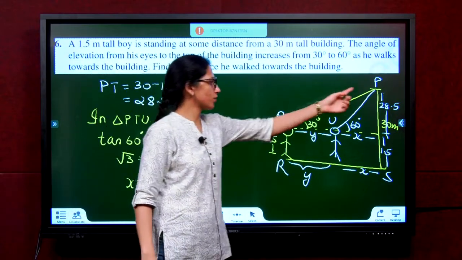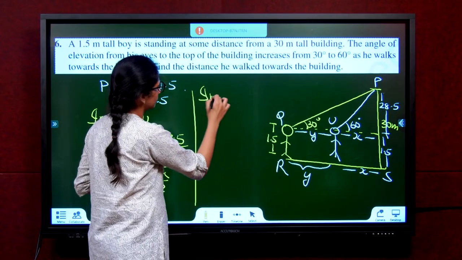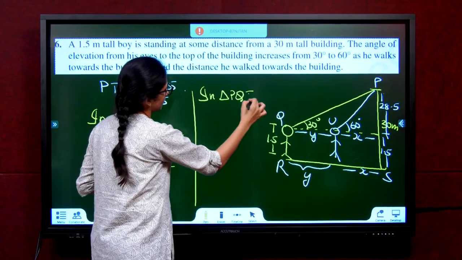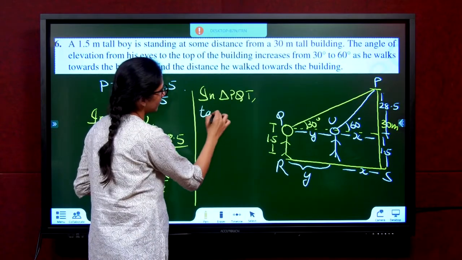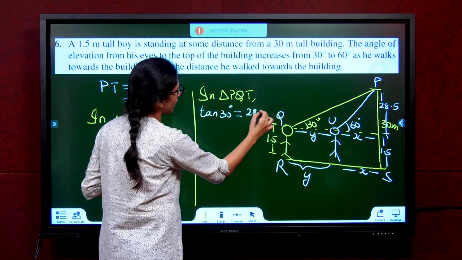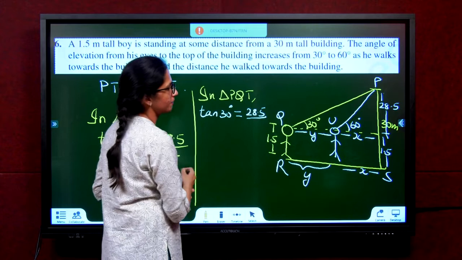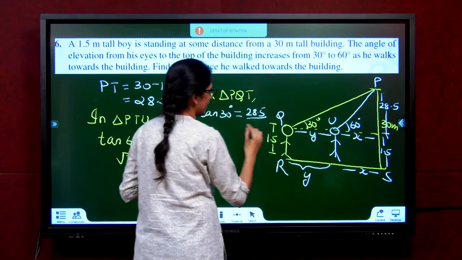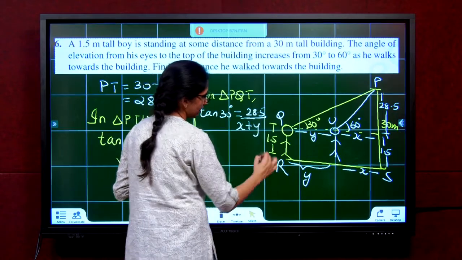Now, in the bigger triangle, in triangle PQT, tan 30 is equal to 28.5 divided by x plus y. See this? X plus y. We have to solve this.